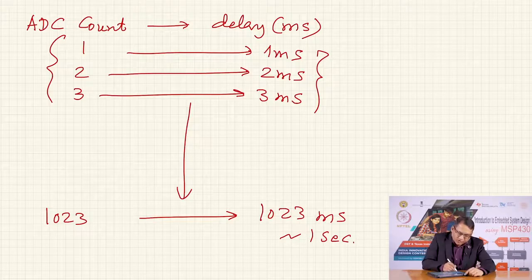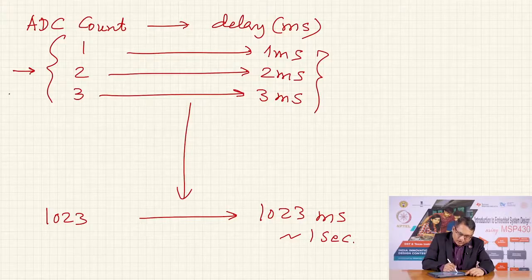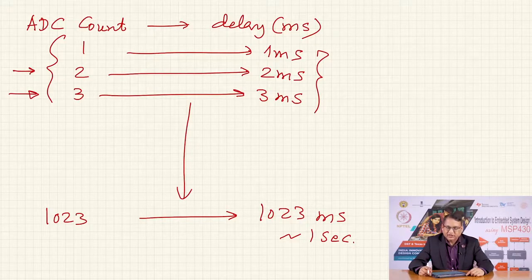But the moment you increase the count to 2, the display rate drops drastically from 250 times a second to 125 times a second. And when you do 3 milliseconds, it is actually 3 into 4, 12 milliseconds. That means you are going to roughly 80 times a second.